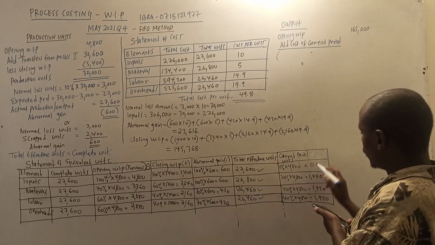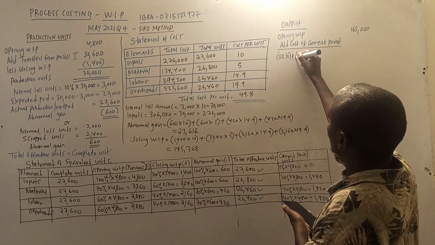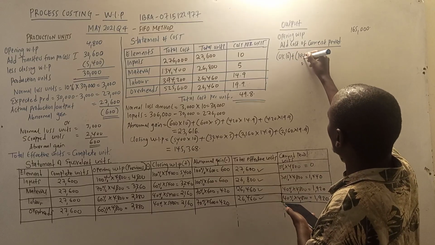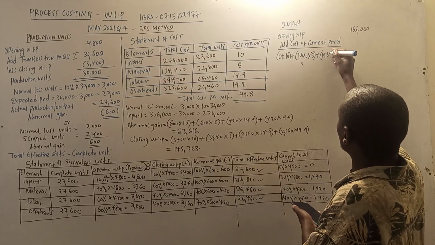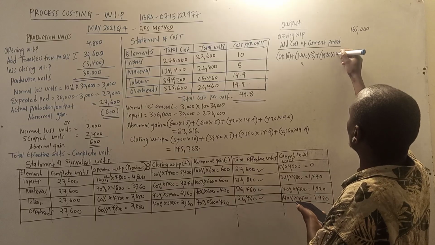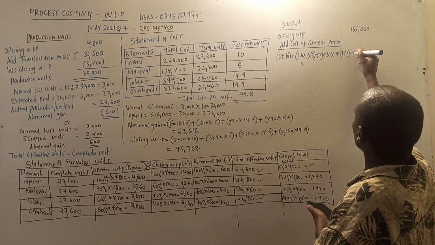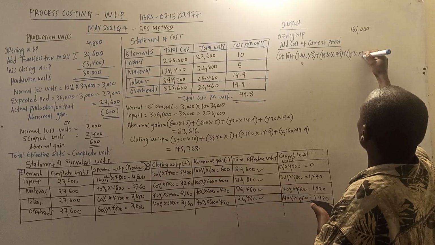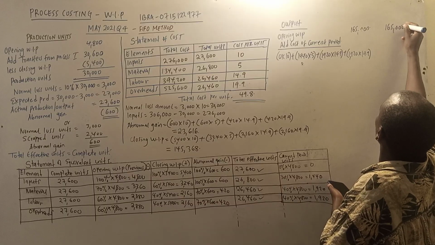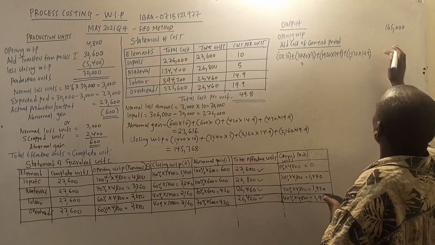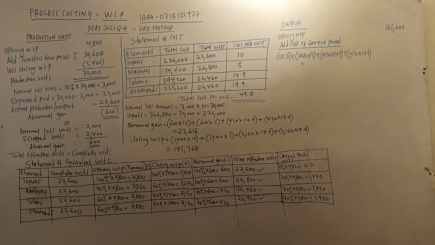This one 0 times 10, 1,440 times 5, then 1,920 times 14.9 plus 1,920 times 19.9. I think I will push it a bit here. How much will that be? Compute.